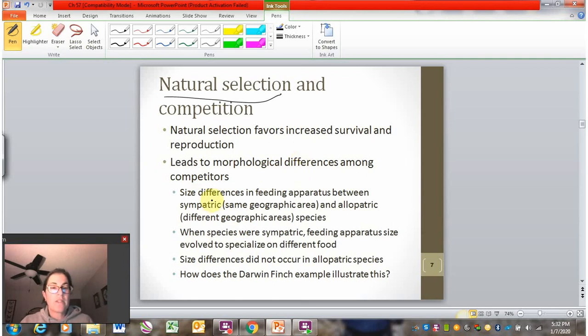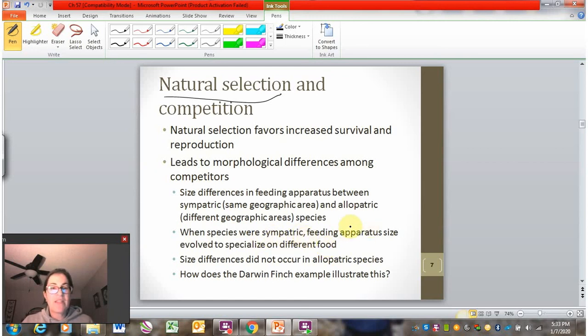So one study looked at size differences in feeding apparatus, like beaks, which are a feeding apparatus, that's the technical term, so a smaller beak versus a larger beak. If you had organisms living in the same geographic area and compared them to organisms living in different geographic areas, they found that the feeding apparatus size evolved to specialize on different food when the species were living in the same area.